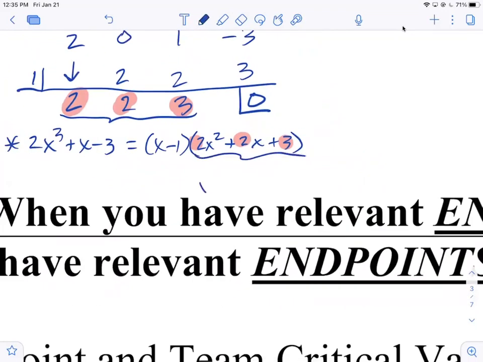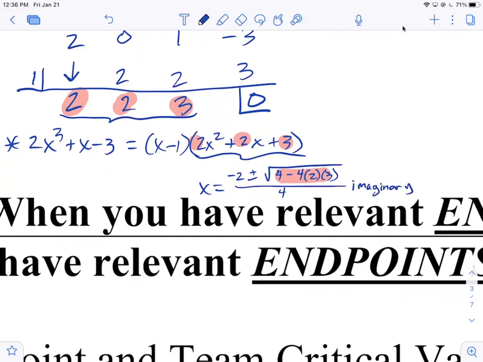X is the opposite of b, so it's the opposite of 2, plus or minus the square root of b squared, so that's 2 squared is 4, minus 4ac. A is 2, c is 3, all over 2a, that's over 4. What type of number do you get under the radicand? It's called the discriminant. A negative. If you get a negative under a square root, guess what types of solutions they are? They're imaginary.